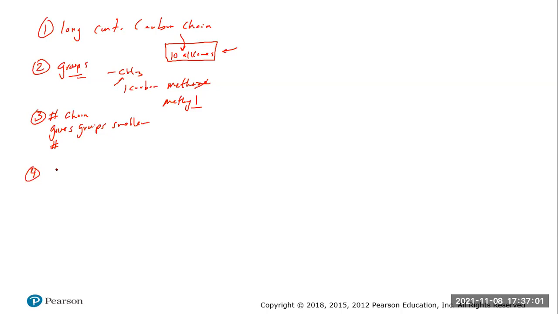A couple of things we talked about: between a number and a letter, we do a dash; between two numbers, we do a comma; and we go alphabetical regardless of prefix, the groups, and also regardless of number, and put them together. So again, if we had something maybe like this.